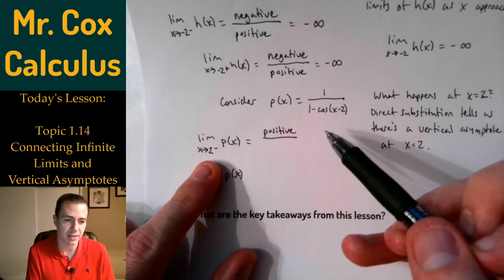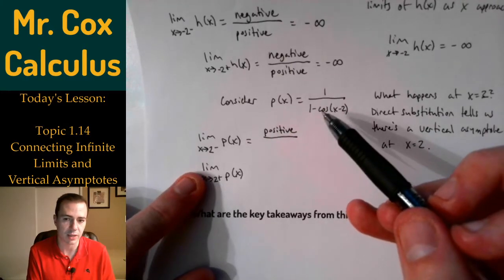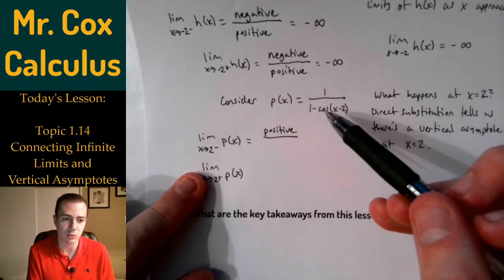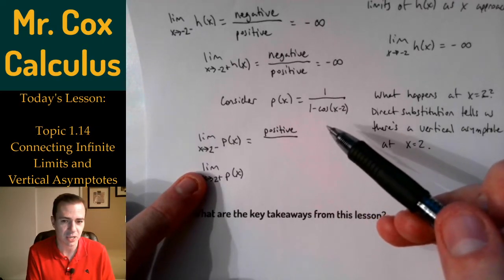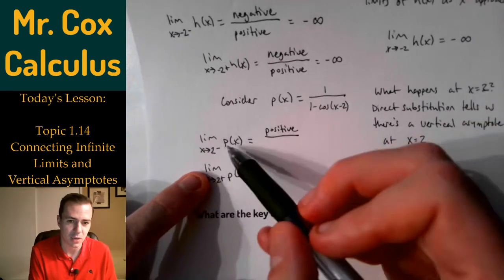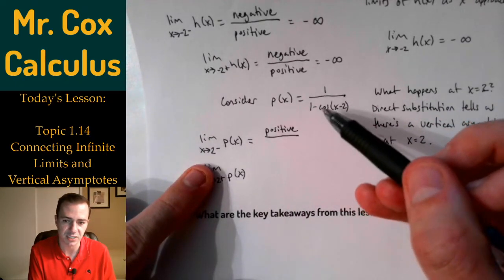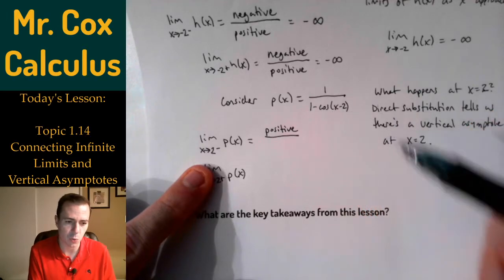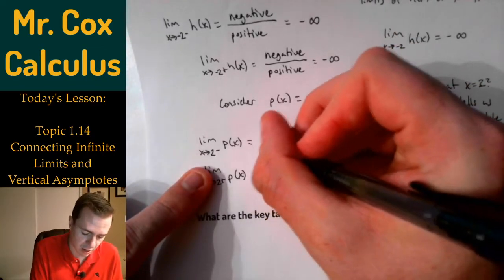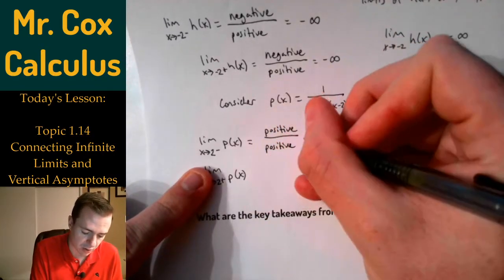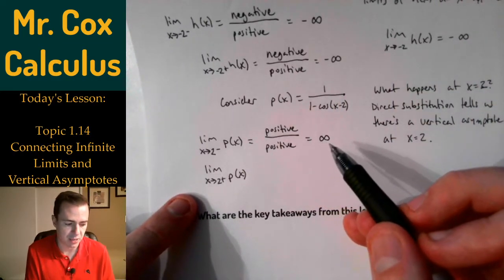Remember that cosine is always bound between negative 1 and positive 1. So the cosine of 0 is 1, but I'm always getting to 1 from values just simply below 1. So even from the left here, the cosine of something really close to 0 is getting really close to 1, but it is less than 1. So if I subtract that from 1, I get a positive value here, and so I'm going towards positive infinity for that piece right there.